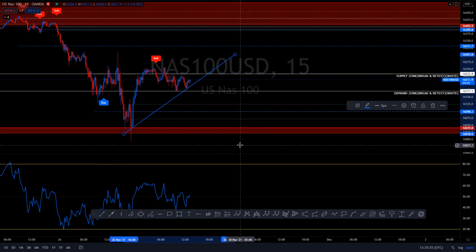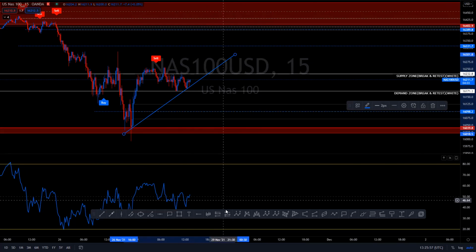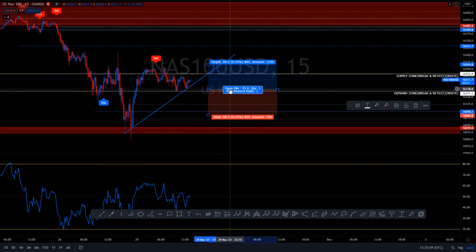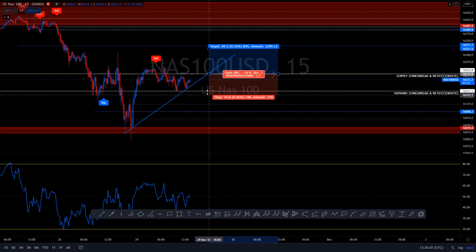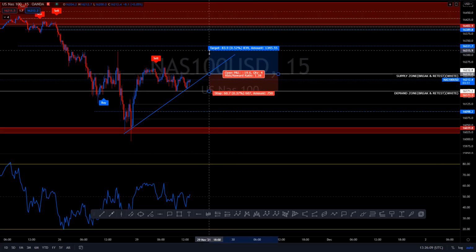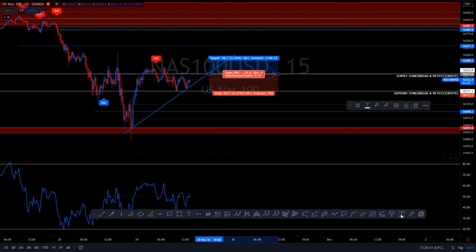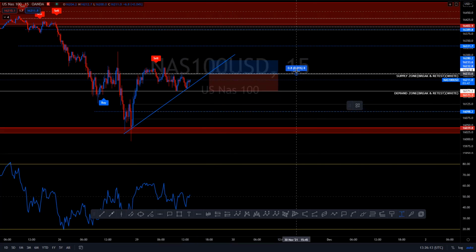So with that being said, I'm going to set up my risk to reward tools. This is going to be entry here, stop loss here. We get at least 200 pips on NAS, at least.